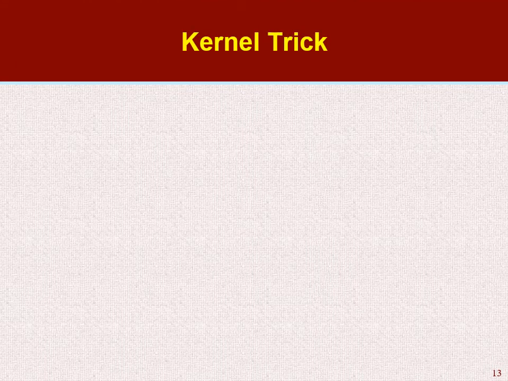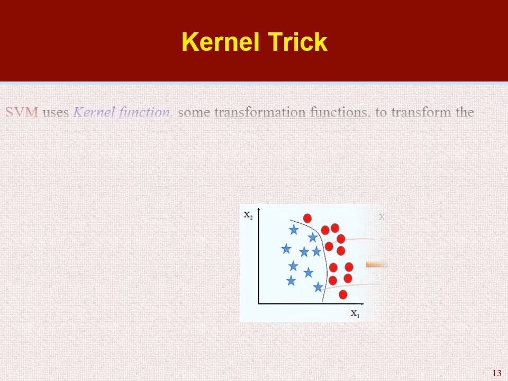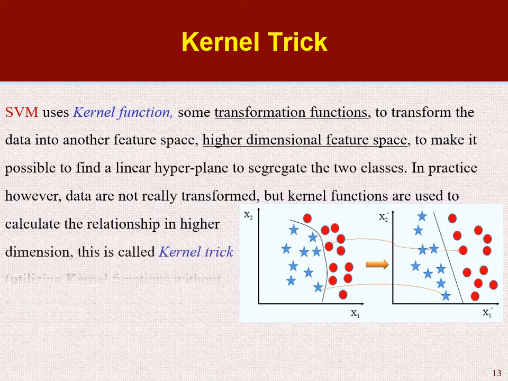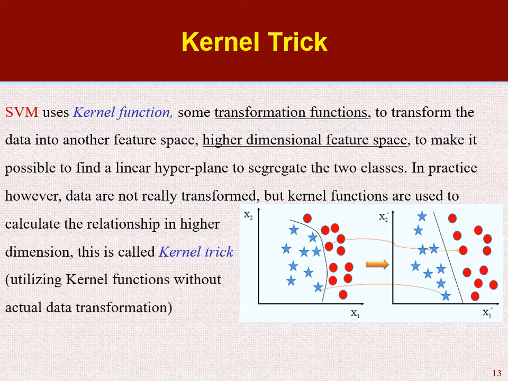Kernel tricks. The mapping or transformation functions that we talked about are called kernel functions. So SVM uses kernel functions, some transformation functions, to transform the data into another feature space, a higher dimensional feature space, so that it would make it possible to find a linear hyperplane to segregate the two classes.